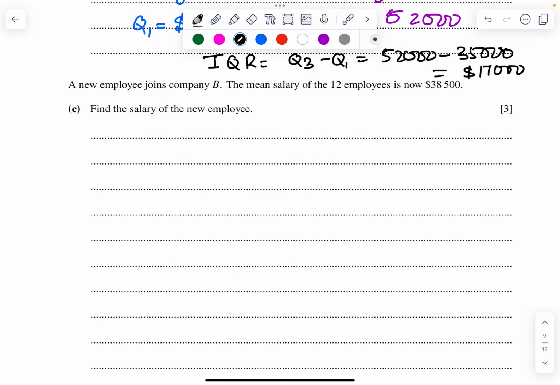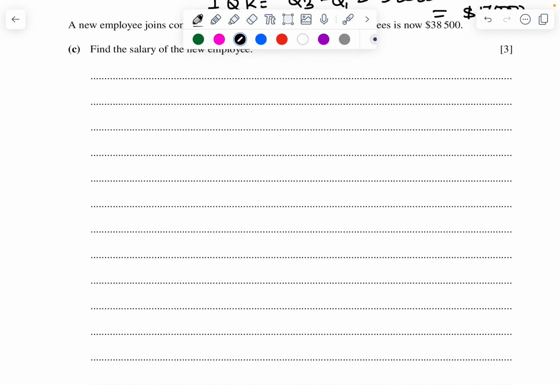A new employee joins company B. The mean salary of the 12 employees is 38,500. Find the salary of the new employee. So the sum of salaries of 11 employees will be 433,000.